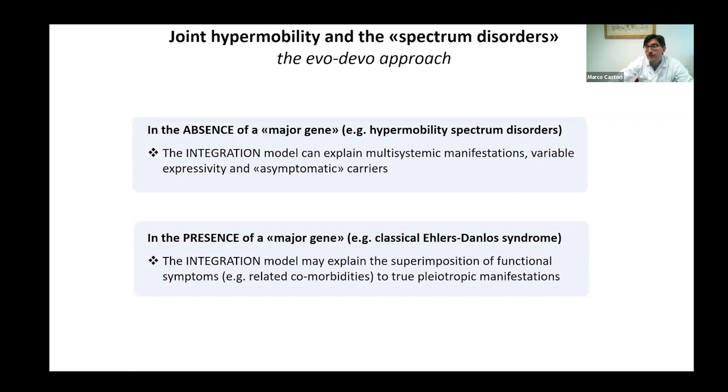Therefore, modularity of covariant attributes easily explains multisystemic manifestations, variable expressivity, and non-Mendelian familial aggregation in the absence of a major gene.